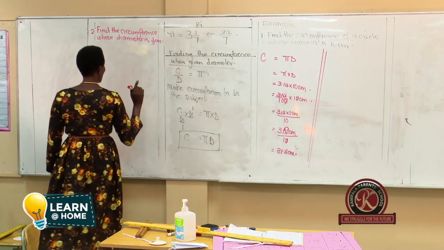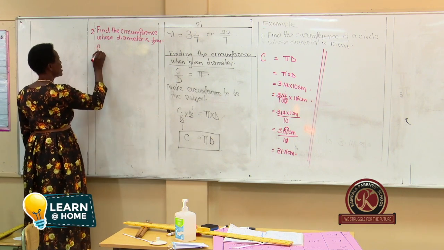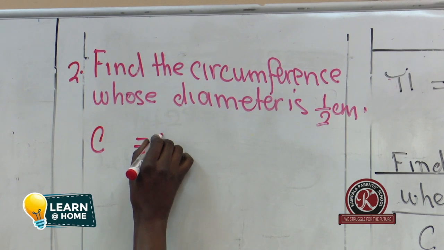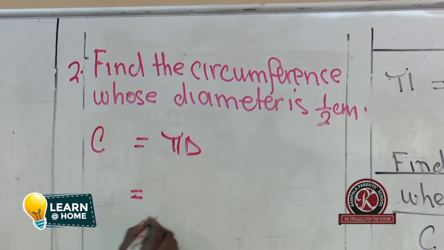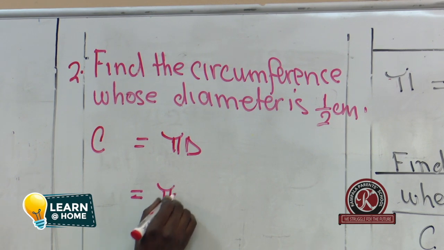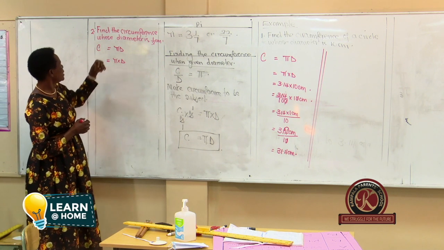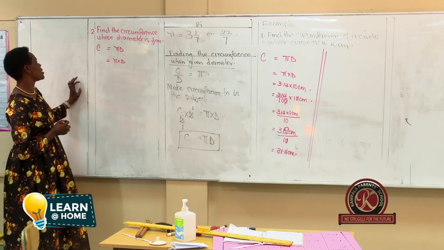We are going to apply the same formula. We say circumference equals pi d, which is going to be equal to pi times d. So here we said find the circumference whose diameter is 1 out of 2 centimeters.